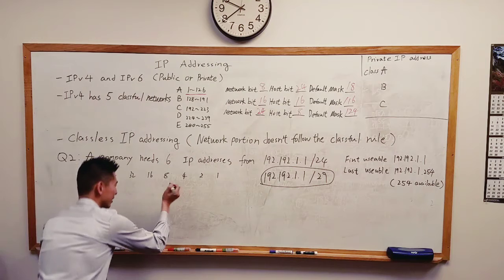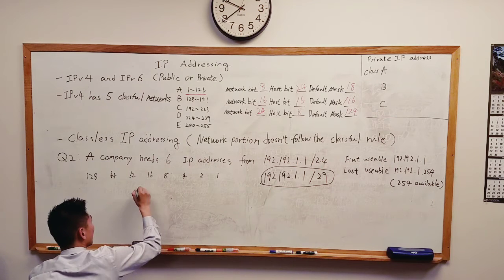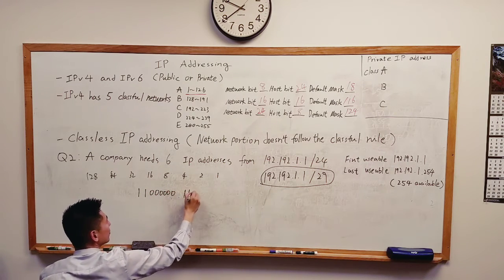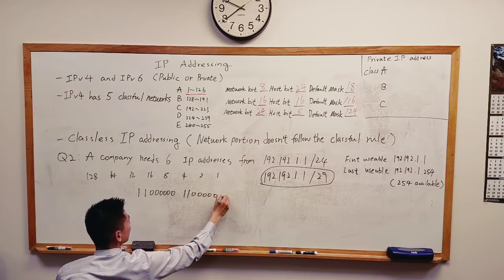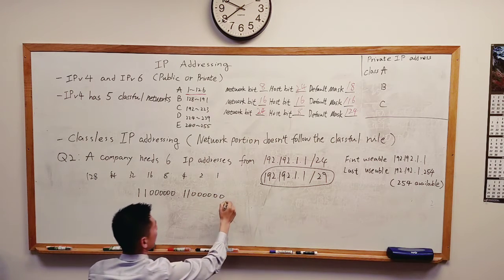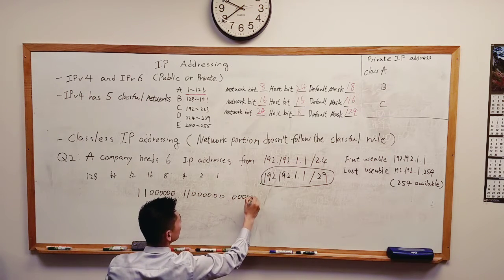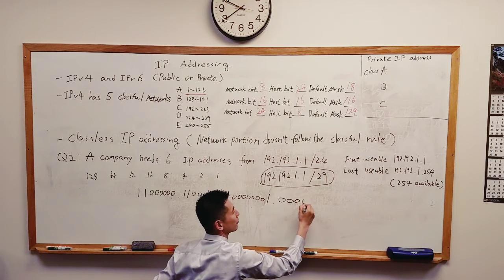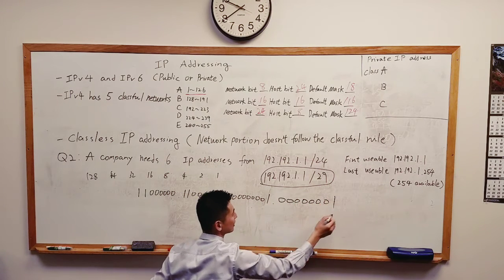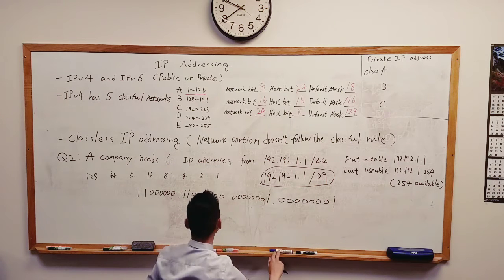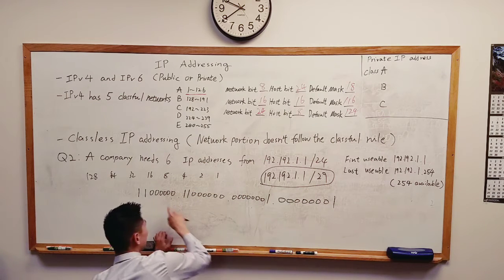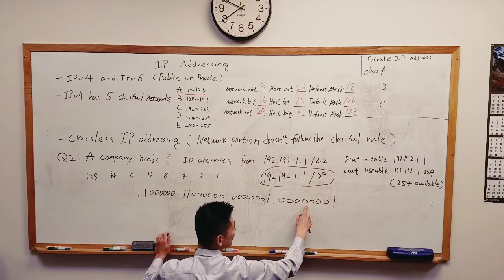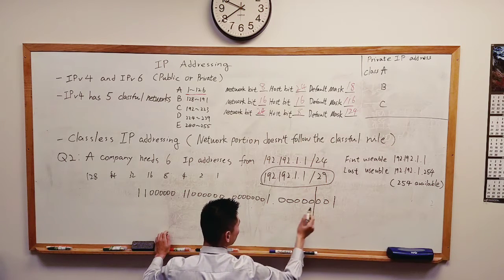So I'm going to put it in binary. 1, 2, 3, 4, 5, 6, 7, 8, four times. Now let's count 29 because the mask is 29. So 8, 16, 24, 25, 26, 27, 28, 29. Let's draw a line here.